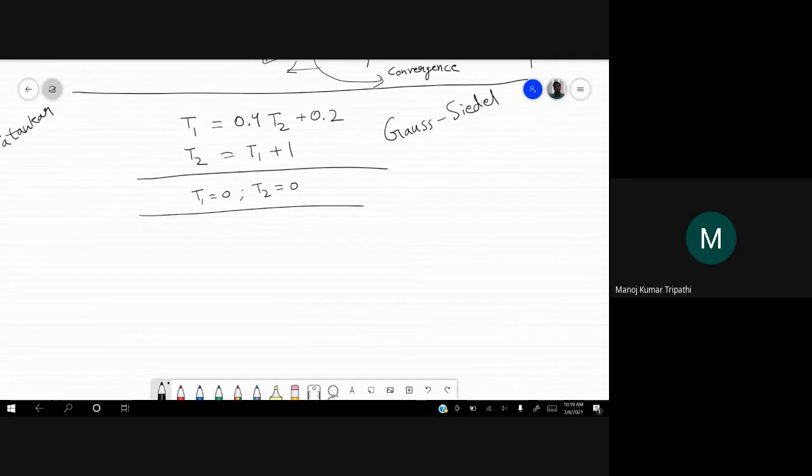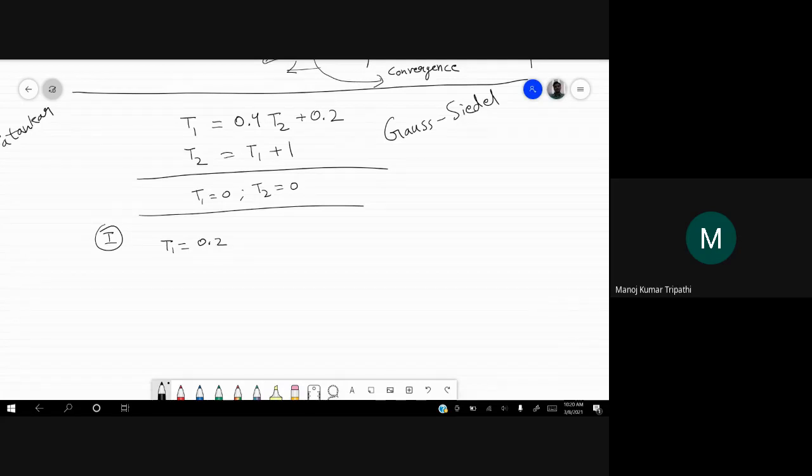Now, the first iteration. T1 is 0 and T2 is 0. In the first equation, the unknown is T1. We put T2 equal to 0 and see what T1 we get from there. If you put T2 equal to 0, you get T1 equal to 0.2 in the first iteration.